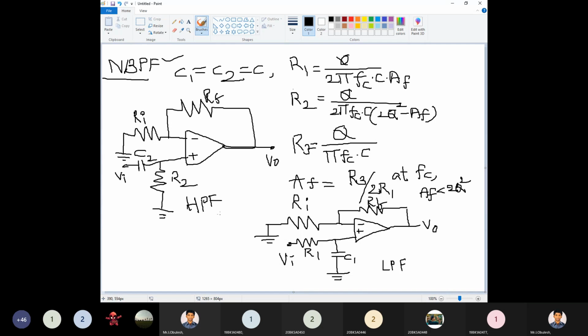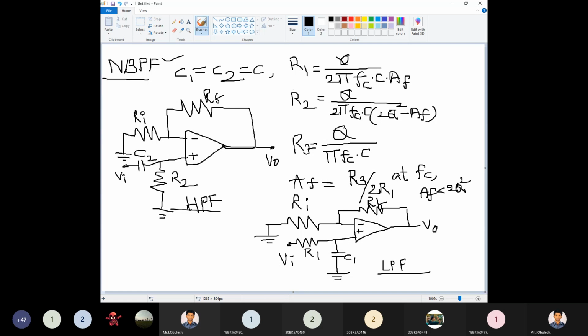So in the first statement, we discussed the high pass and low pass. What is the first statement? If high pass and low pass are of first order, then the band pass filter is of first order with roll off plus or minus 20 decibel.